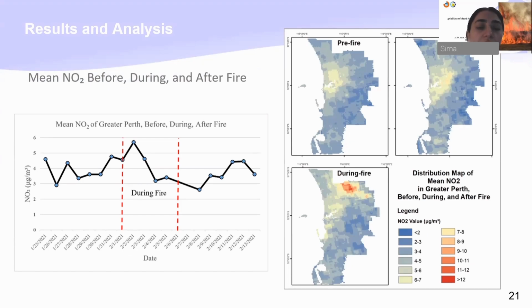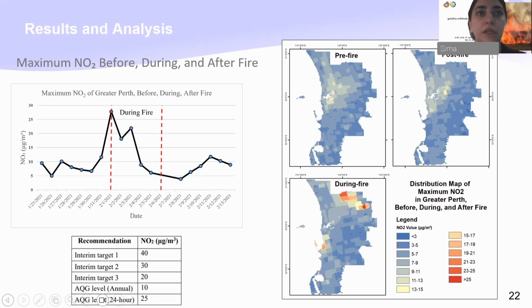From the mean nitrogen dioxide data, it can be seen that before the fire, mean nitrogen dioxide ranged from 2.6 to 4.7 microgram per cubic meter. During the fire, mean nitrogen dioxide increased to 5.7 microgram per cubic meter, and after the fire, it decreased to pre-fire levels, between 2.6 and 4.4 microgram per cubic meter.